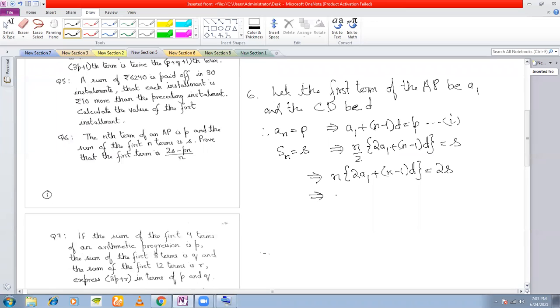So twice A1 plus (n minus 1) into D is equal to 2S by n. Call this equation number 2.